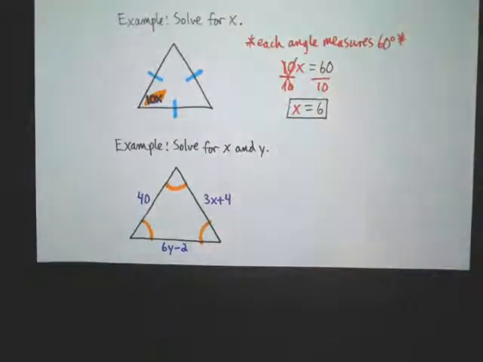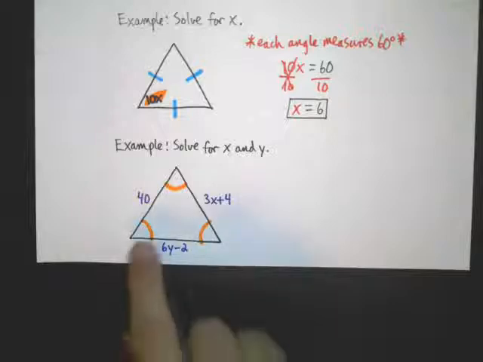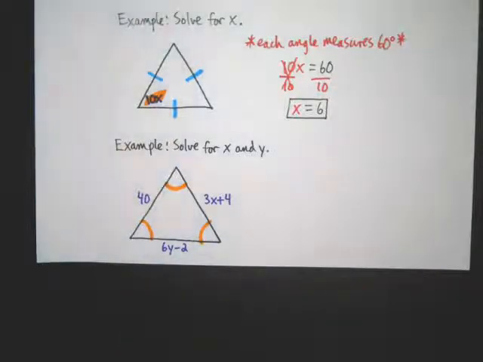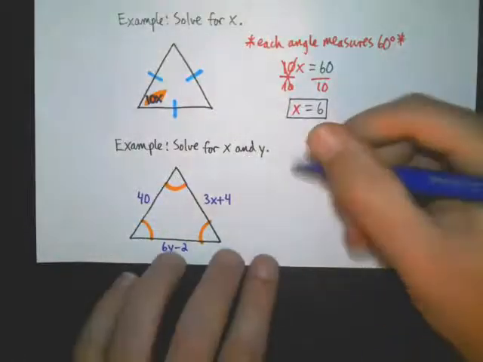This one says solve for x and y. So in this equilateral triangle, we just have all three angles marked congruent. So we can assume that all sides are congruent.